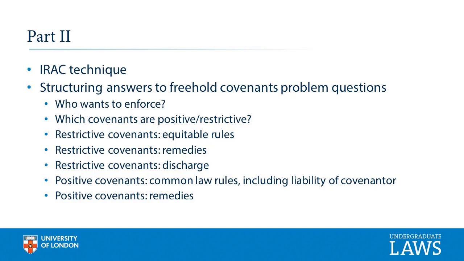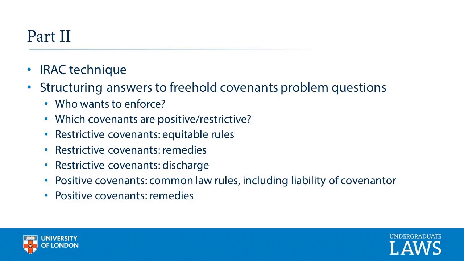When you're applying the equitable rules relating to the burden of the covenant, it's important that you identify and apply to each covenant all of the conditions which were set out earlier in the lecture. And when you're applying the equitable rules relating to the benefit of a covenant, it's important that you identify which particular method of transmission you are utilizing, and that you identify and apply all the conditions which are necessary for that particular method of transmission.